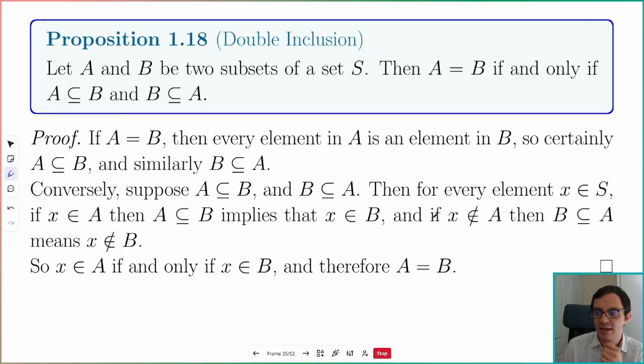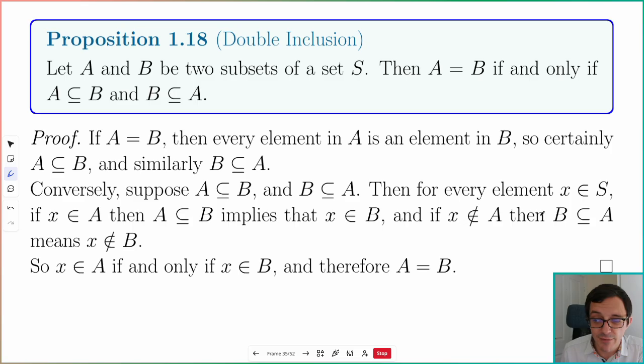And if X is not in A, then because B is a subset of A, using that one, that means that X can't be in B. So that's a little bit like using the definition in the other direction. Remember, subset means if you're in B, then you're in A. I'd like to consider what happens if X is not in A. Well, it can't have been in B.